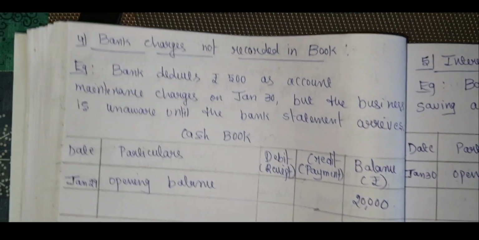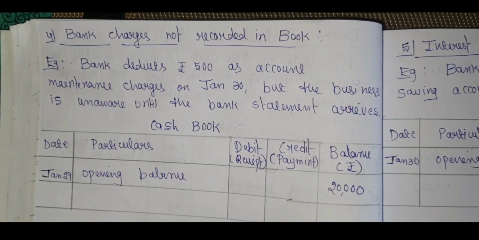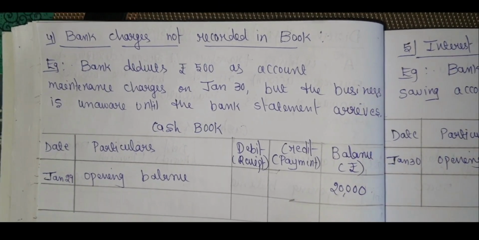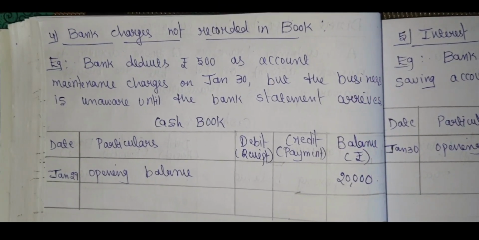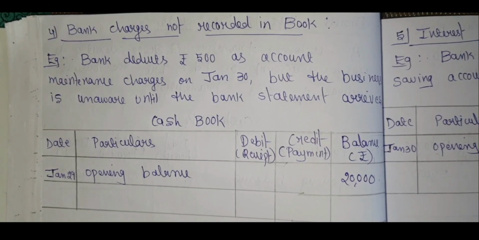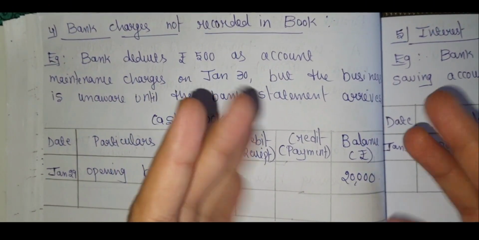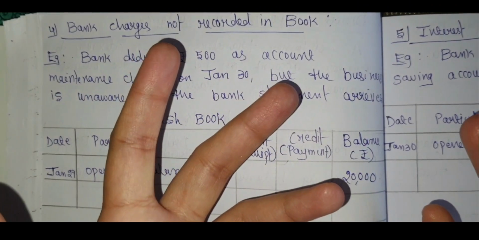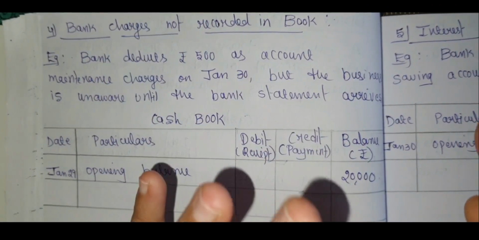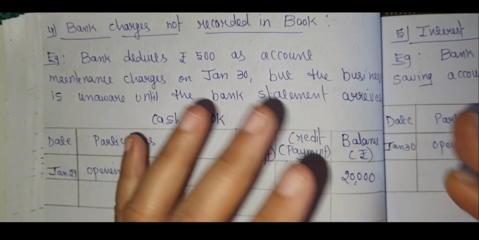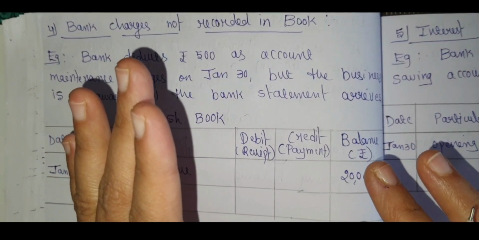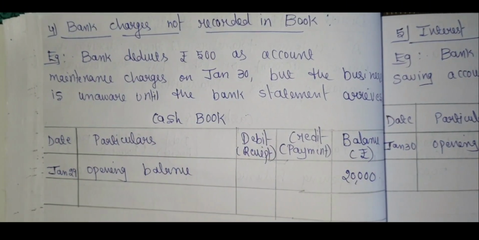Now the fourth one, that is bank charges not recorded in book. It means sometimes the bank deducts charges like service fees or check collection charges.